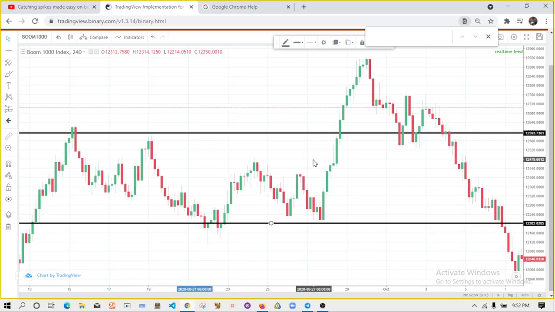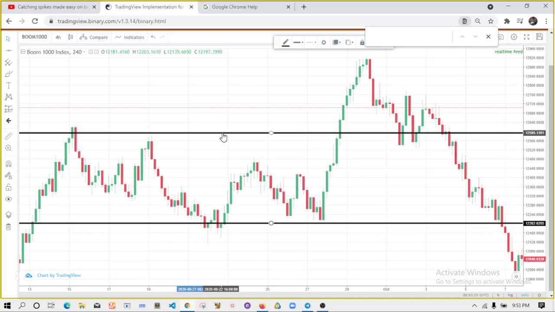All right, so basically here in this video I just want to show you the market structure, the three different market structures we have, which are the uptrend, the downtrend, and ranging market. So I'm going to go quickly to maybe Volatility 75 or 50 or Step Index, or I might go to any of these indices. I can go to any of them, then still apply the same thing here.